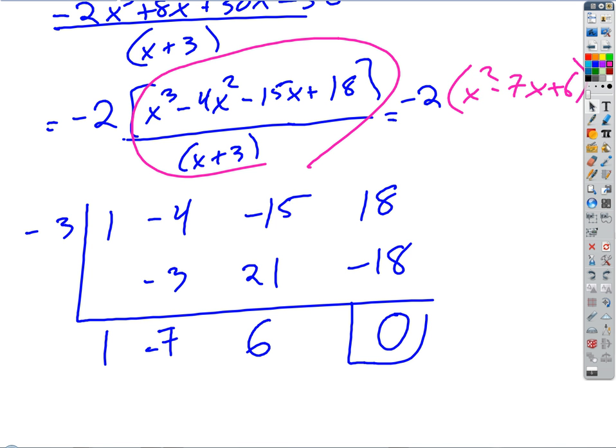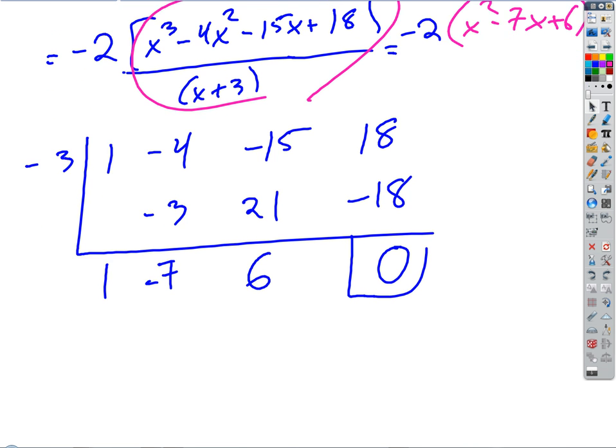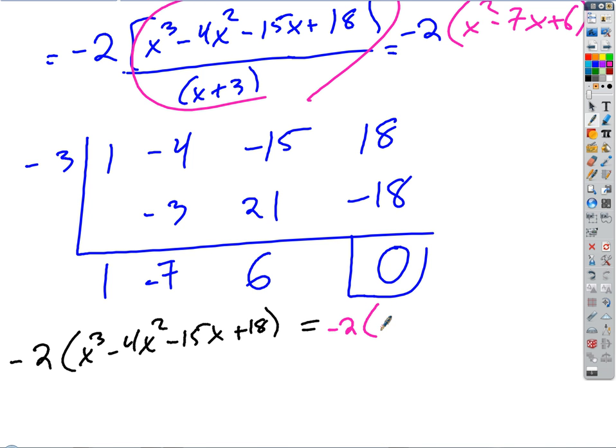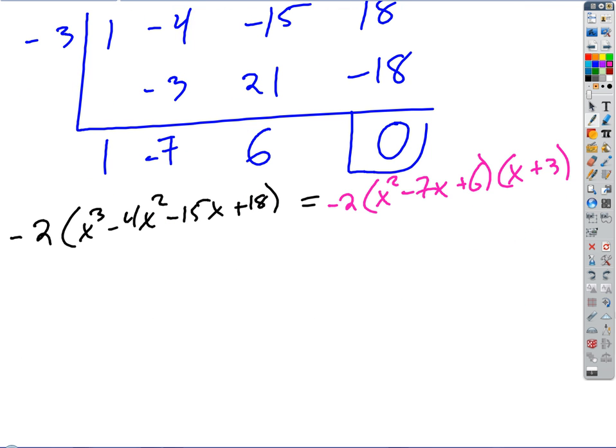In other words, algebraically, if I multiplied both sides by the quantity x plus 3, I would get the original problem, -2 times x cubed minus 4x squared minus 15x plus 18 equals the factored form, -2 times x squared minus 7x plus 6 times x plus 3. And now all I'd have to do is break that apart by factoring. But that's quadratic, so it's easy, right?